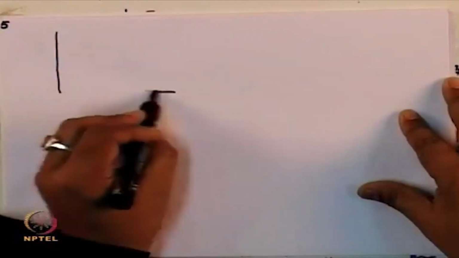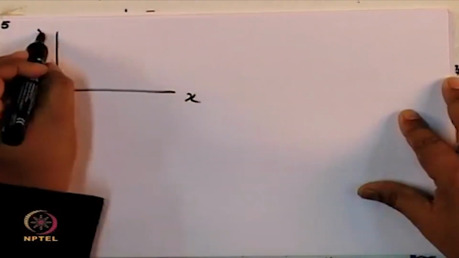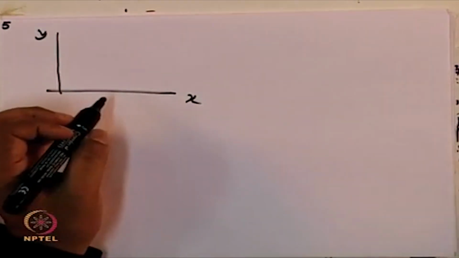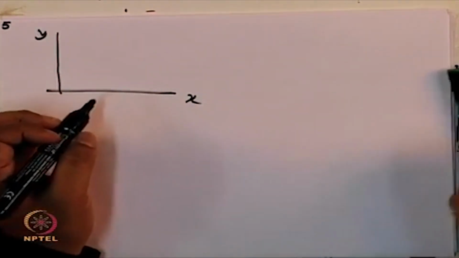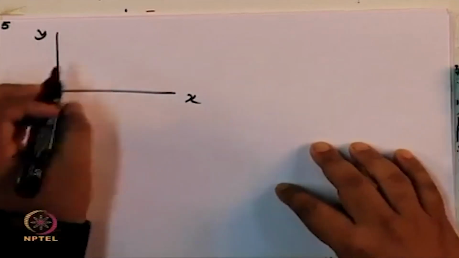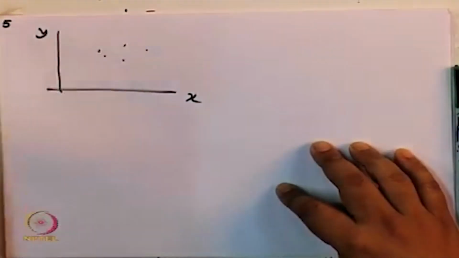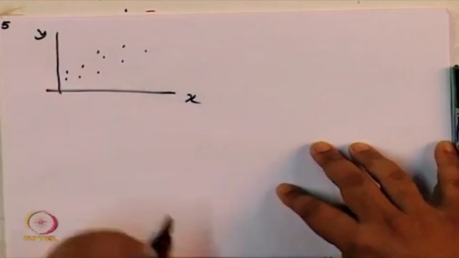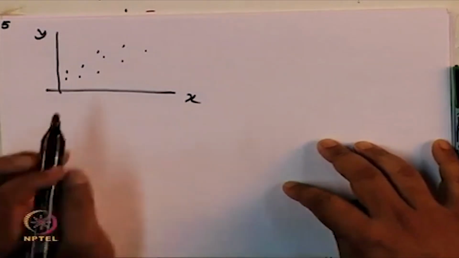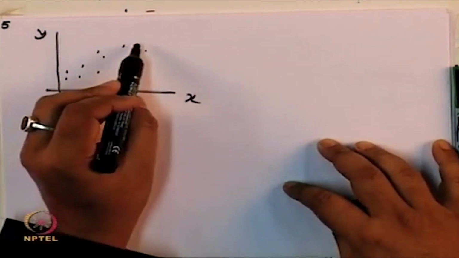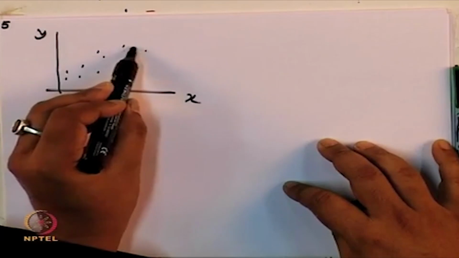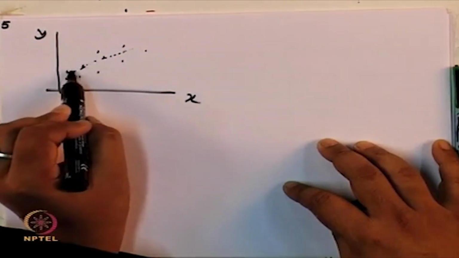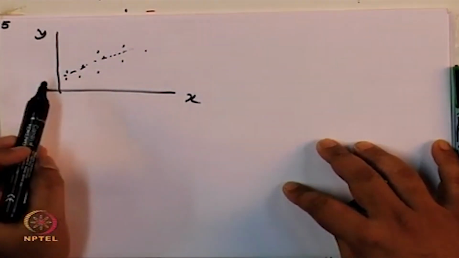So how do you know whether something is positively correlated or negatively correlated? Let us say I plot x and y and I have some scatter plots like this. On average, if I were to draw a trend line through the middle, my trend line will look something like this.